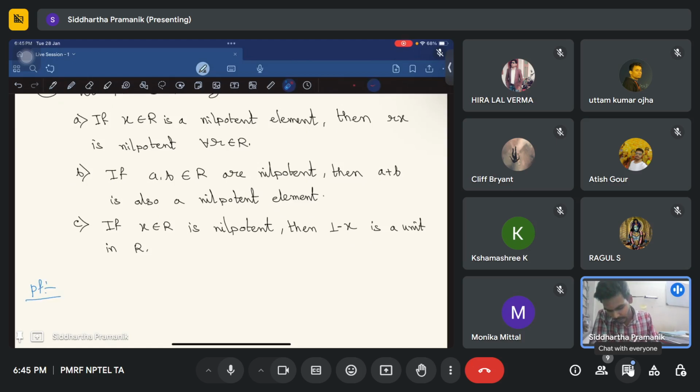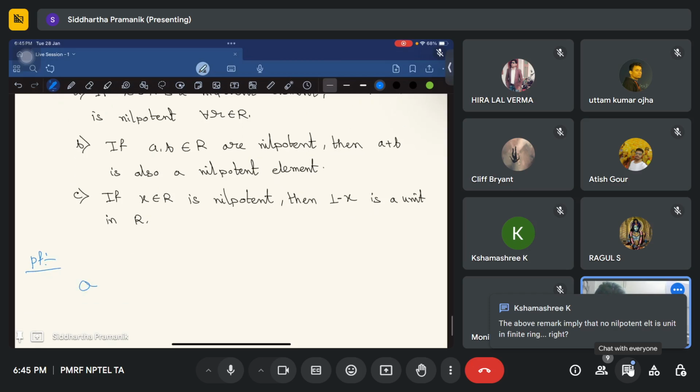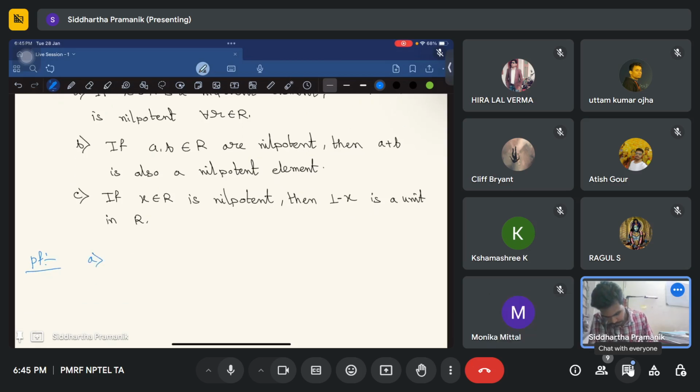So the first statement is, if x is nilpotent and r is any element, then the product is nilpotent. Let x belong to R be nilpotent, and let r belong to R be any other element.